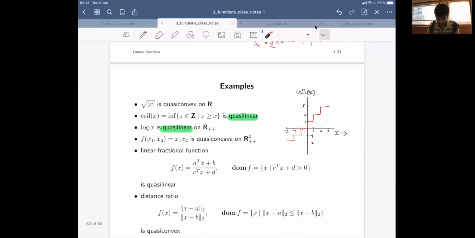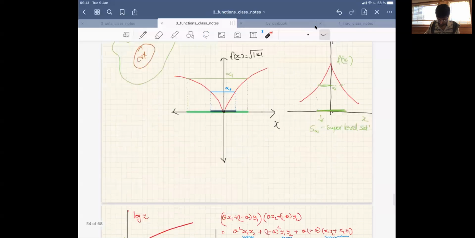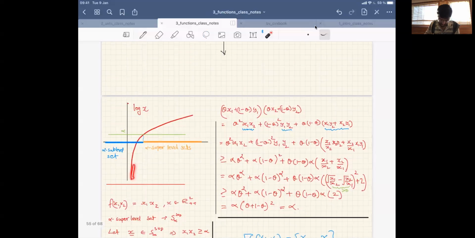So let's see some examples. One quasi-linear function is log x. What we have to see is that all super level sets and sub level sets have to be convex.